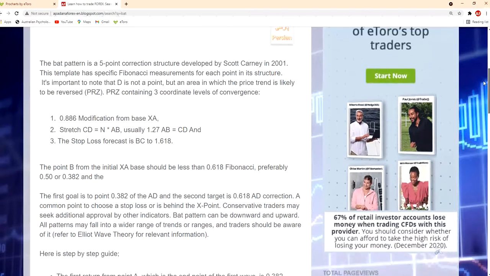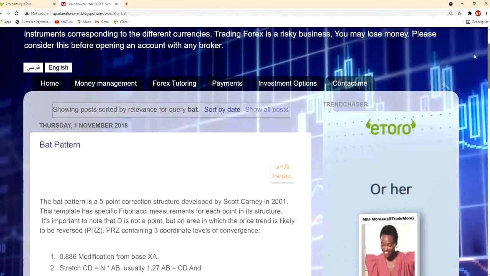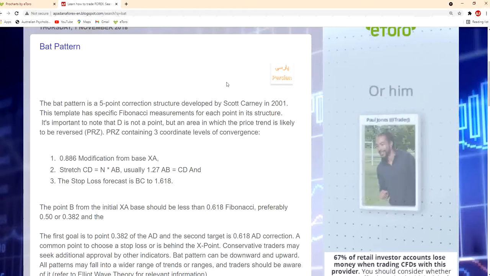So as you can see, 5 points, which are X, A, B, C, D, or in downtrend X, A, B, C, D. Then at D is sell, and in uptrend at D you buy. But D is not a point, it's an area anyway.